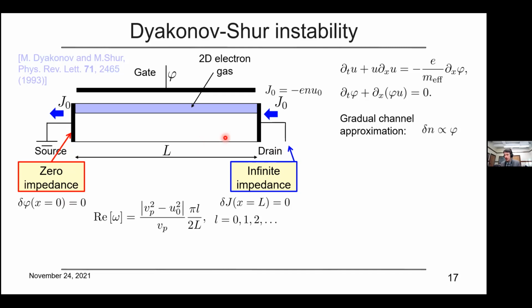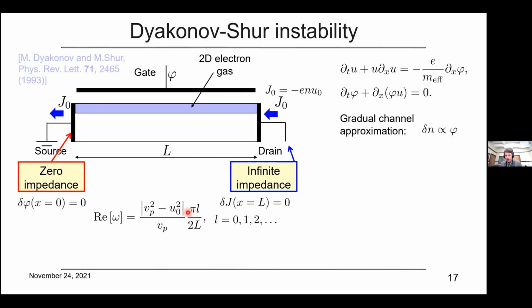And also, the sample is subjected to some background electric current, as you can see here. So first, they found that plasmons become discretized. So instead of the simple dispersion relation, we get a discretized plasmon, which also feels the background velocity.